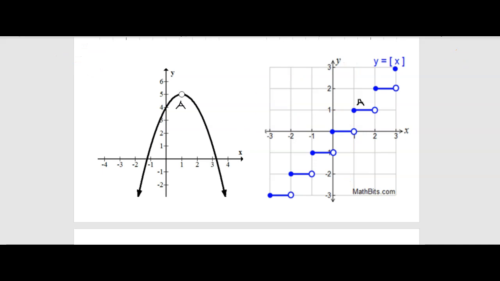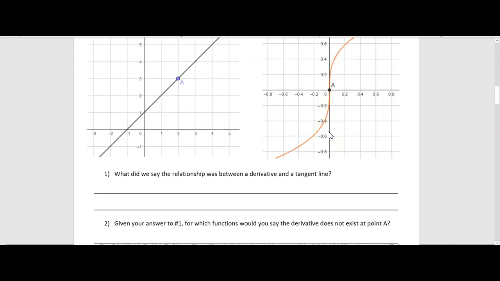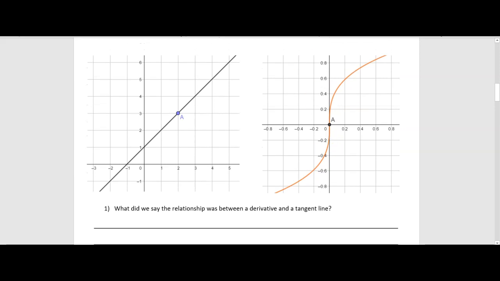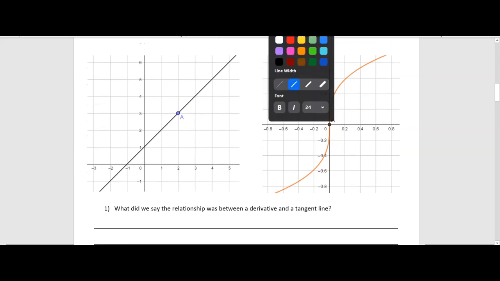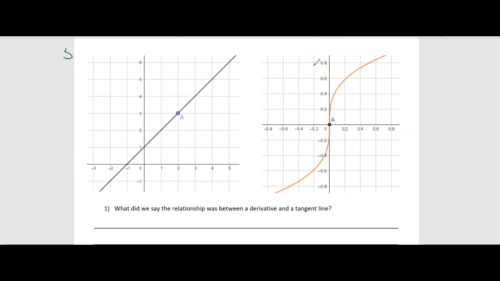Okay, I think there are 2 more on the next page that I have for us. Let's look at the one on the left first. Call that 5. So here we have a linear function, and the nice thing about linear functions is that the tangent lines and the secant lines are always the same, right?